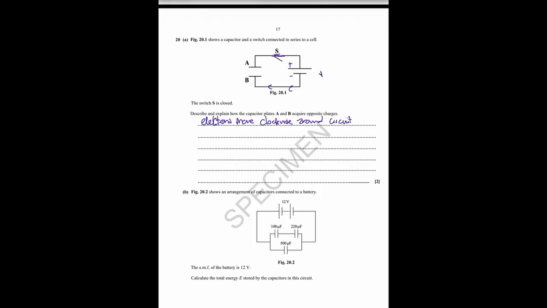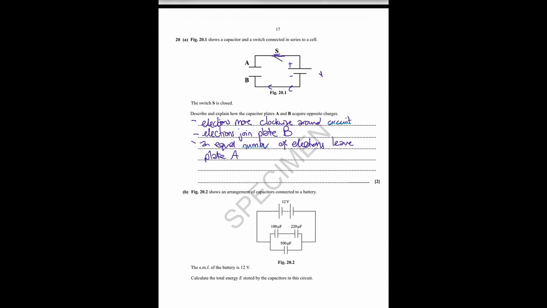Where they're going to go. So the electrons will go into plate A, join plate A. Oh, sorry, not plate A, plate B, because this one's B over there. And then when the electrons are joining plate B, an equal number of electrons leave plate A. And I can say they then continue to go around the circuit if I want to.